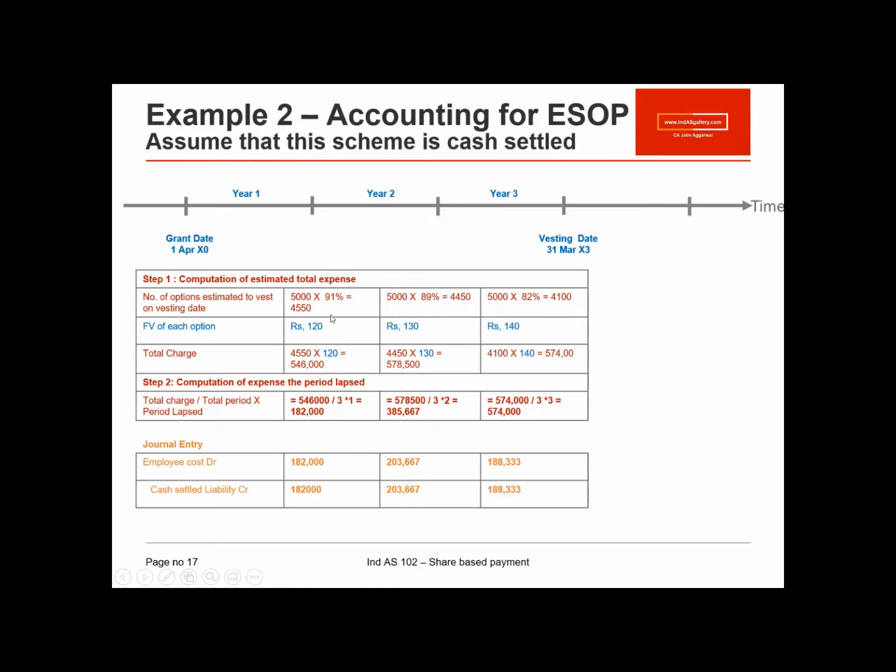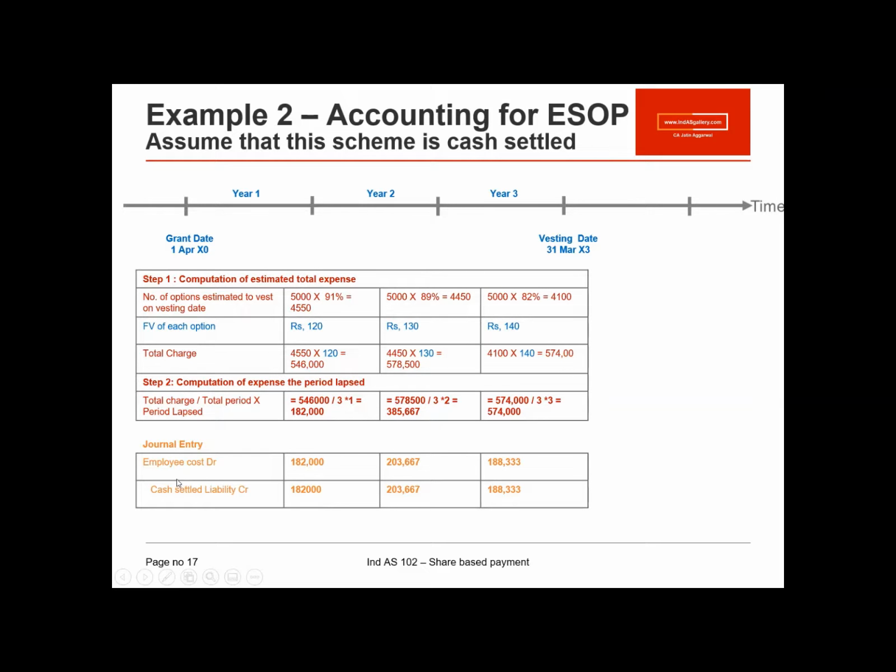So I will have to get the fair valuation done as at each reporting period and use that for the purpose of computing my total charge. In this case, instead of 100 in my previous example, I'll be using 120.